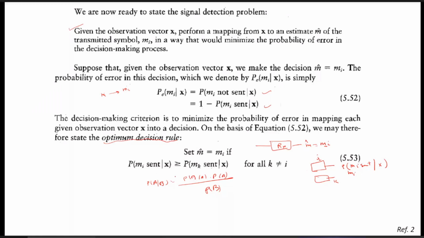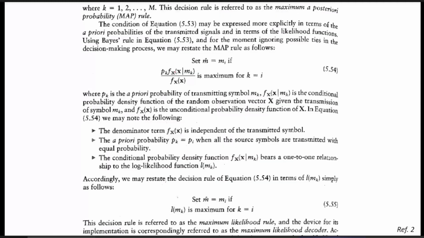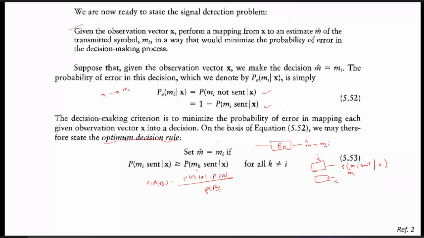This will be greater than or equal to the other, or equivalently the other will be less than or equal to this. In terms of conditional density functions, because probability can be written as an integration of conditional density functions, here is the k and here is the i, so this will be less than or equal to this.